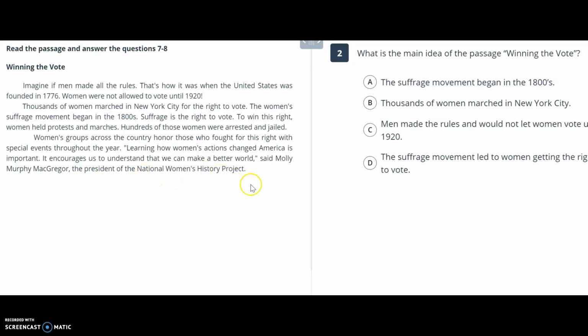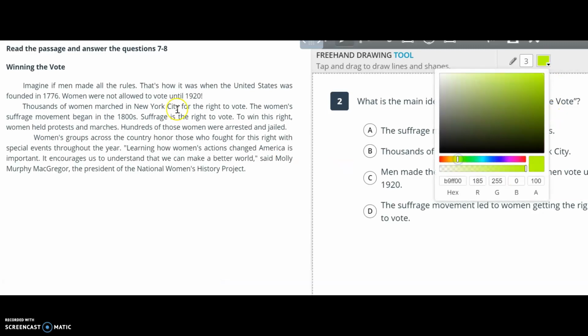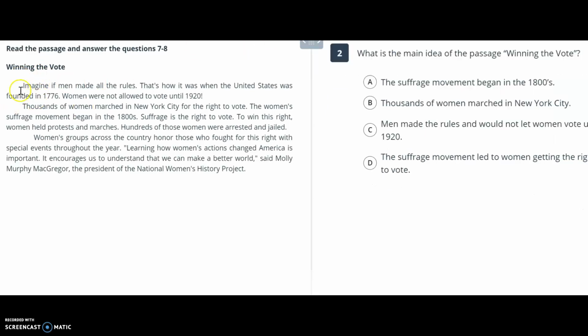So I'm thinking about the topic. Remember, a topic is the one word that describes what the whole story is about. Let me get a yellow here. So I see that we have vote up here in the title. In this second paragraph, I see vote.